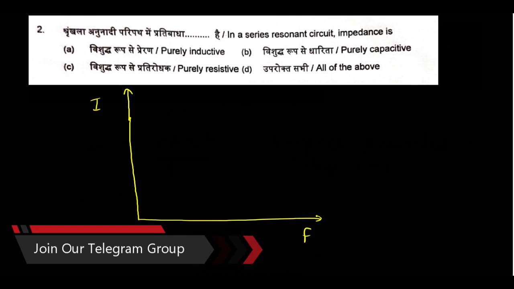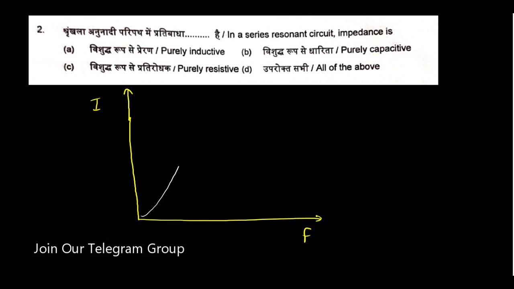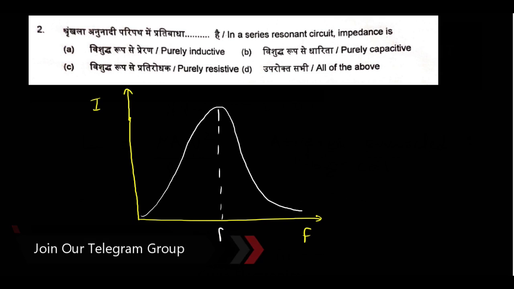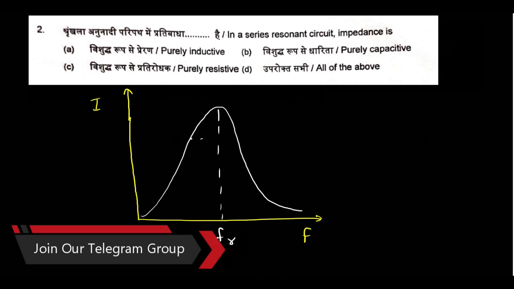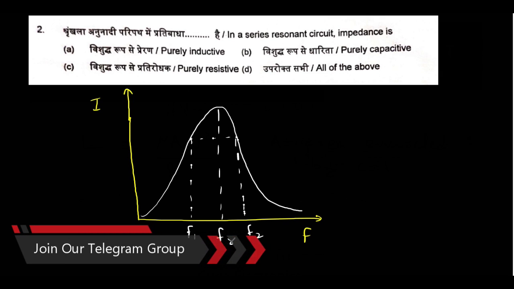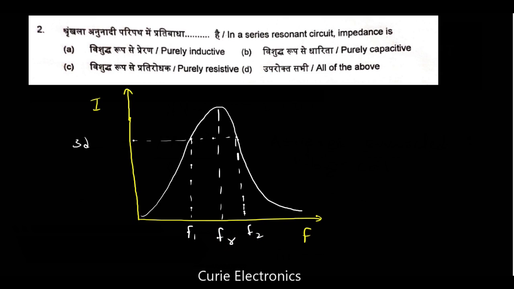If you plot the graph, we will get a shape like this, and whatever the peak value is, this is the resonance frequency, and at 3 dB points we have F1 and F2. We can say 3 dB or 70% of the maximum current.